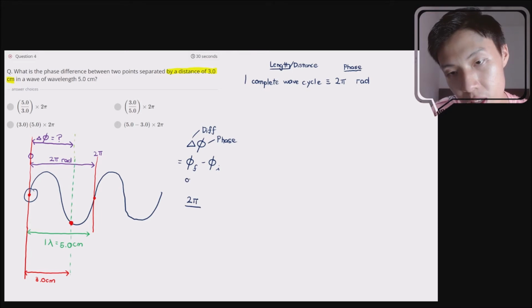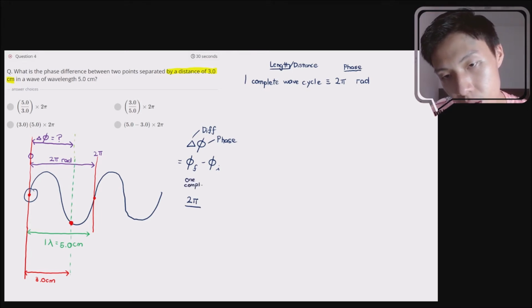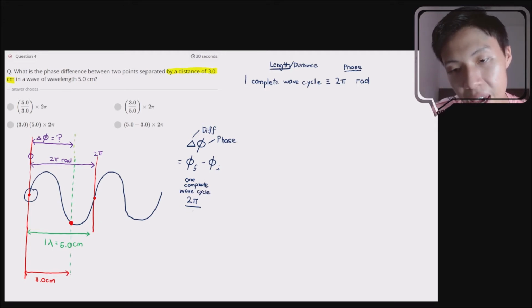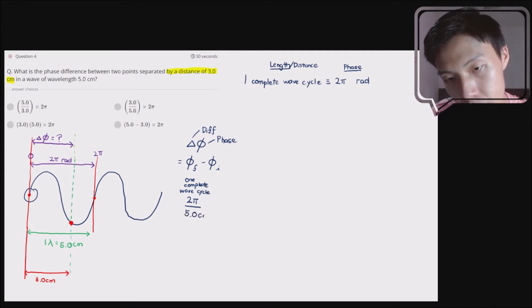This is one complete wave cycle. If it's one complete wave cycle, you complete 2 pi, and in terms of distance, you complete 5 cm worth of distance. Okay, this is one complete wave cycle.